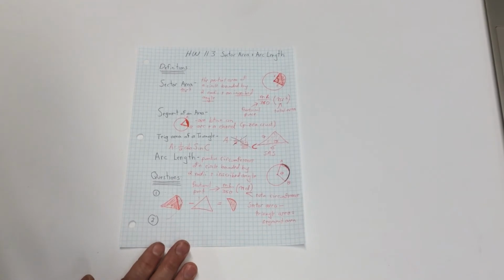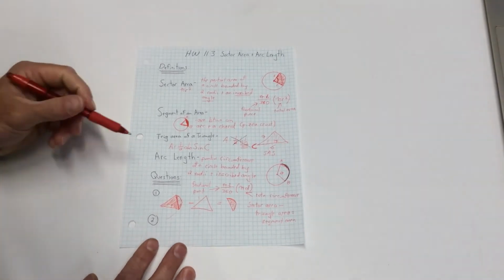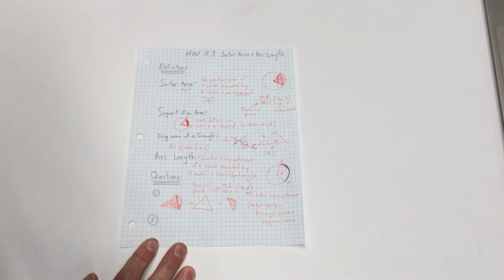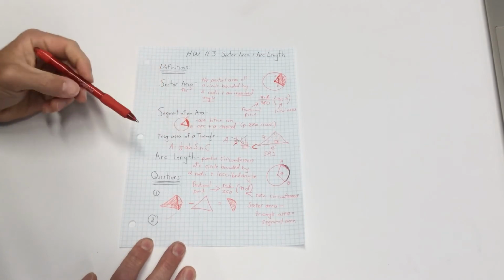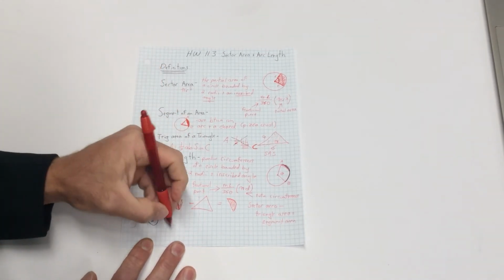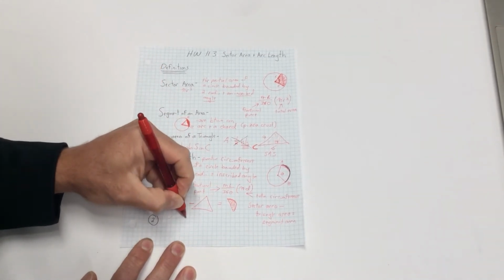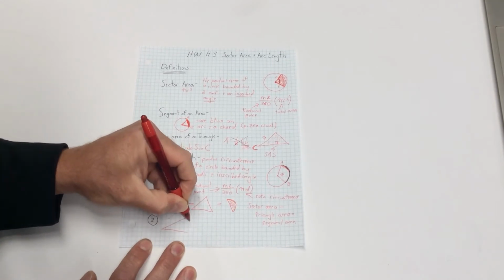All right, question number 2 says, what do you need to know to use the trig triangle formula? Well, you need to know A, B, and C. If I draw this triangle, here's what it'll look like.